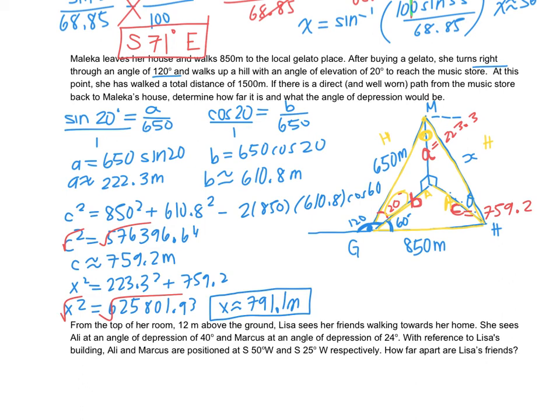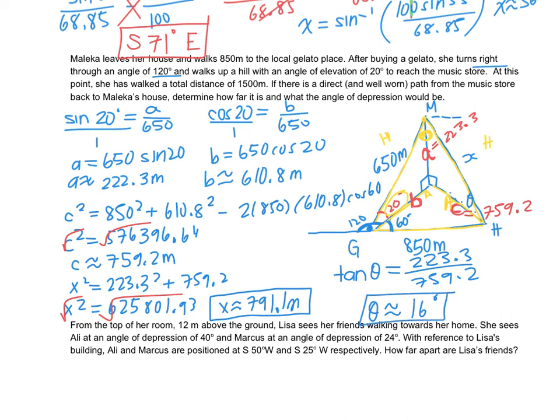And then for the angle, opposite and adjacent is given to us. So that is tan. Opposite is 223.3. Adjacent is 759.2. And you are going to take the tan inverse of this because that is how we get our angles. And if you do that in your calculator, you get 16 degrees.